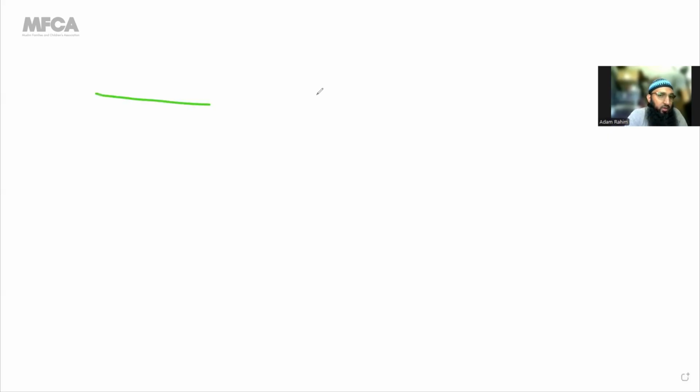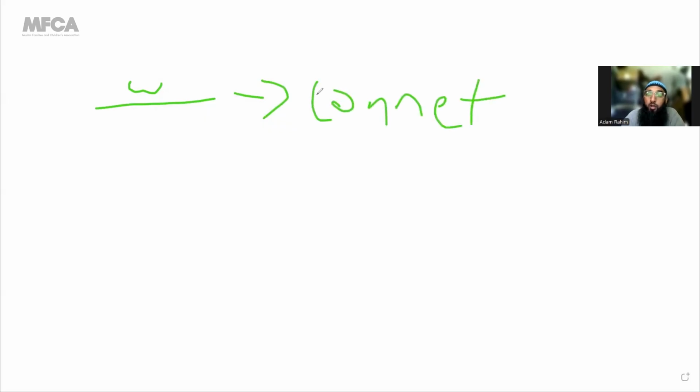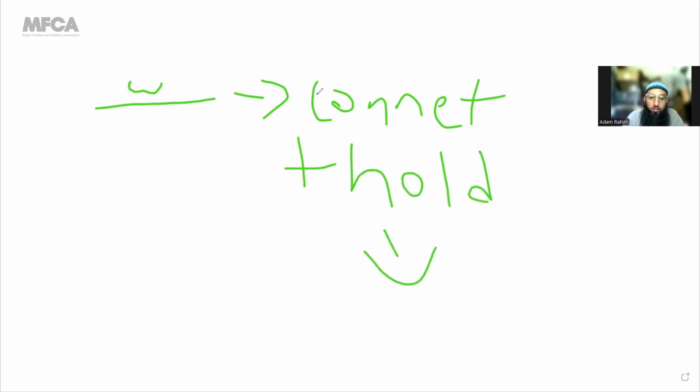I'm sorry, it is a letter with this symbol on top of it, the little W, right? You're going to connect just like a sukoon, but you're going to also hold, then complete the accent mark, right?